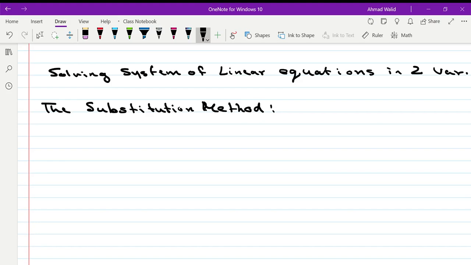How to solve a system of linear equations with the substitution method.